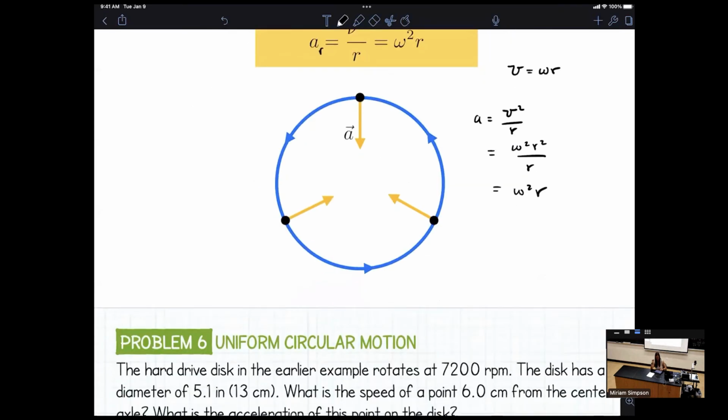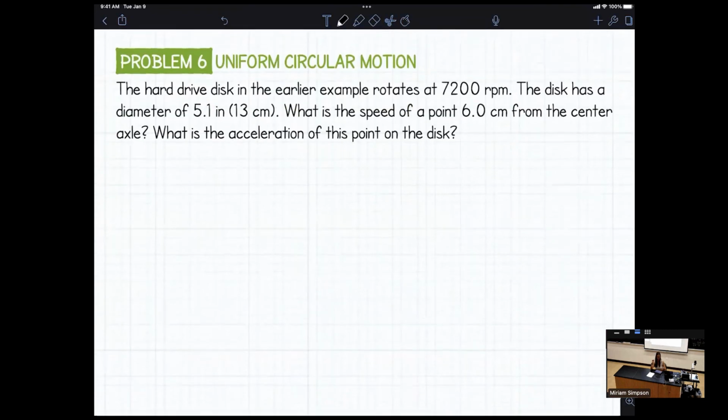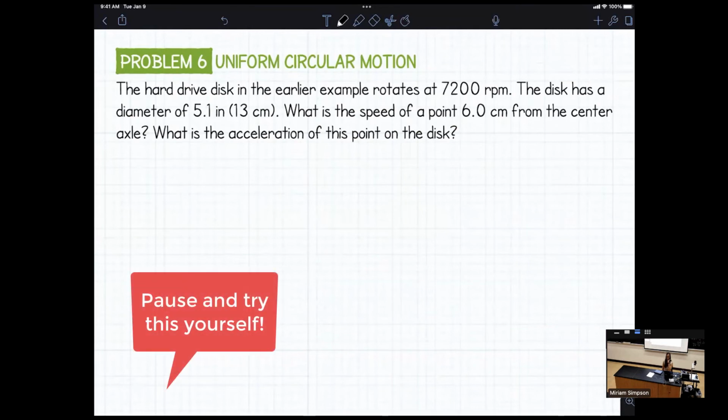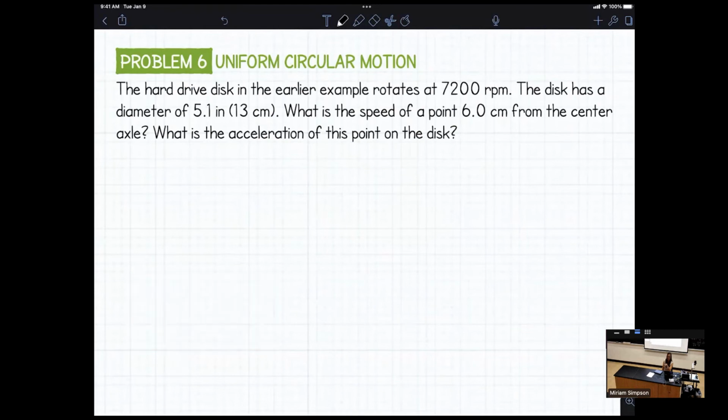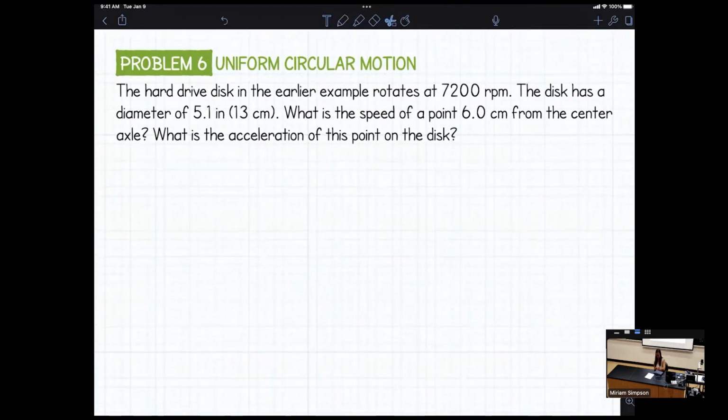Okay, so let's try another problem. This one starts off with the same thing we just did, but then adds a couple things. So if you just followed along with that one, you can skip straight to finding the acceleration from the angular speed part.